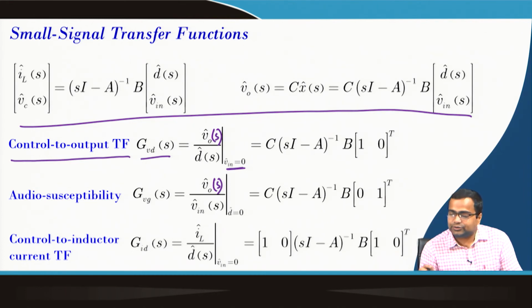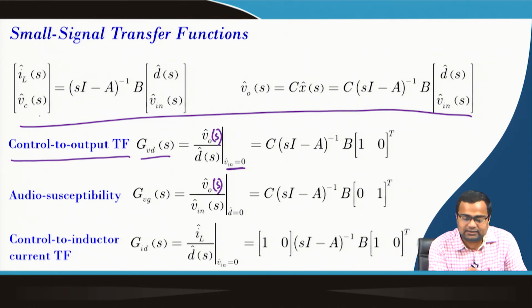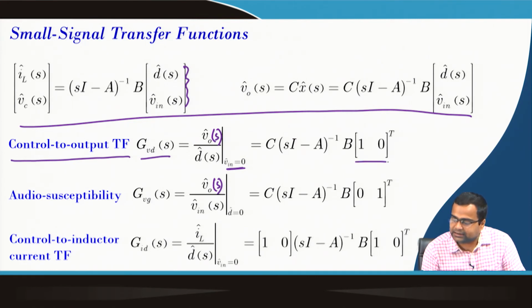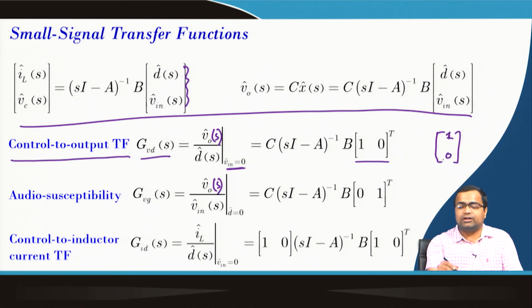Then you see this matrix here has two terms, one is d hat and Vin hat, but we want only d hat. So, we need to multiply a column vector which is [1 0], because we want to extract only this term.